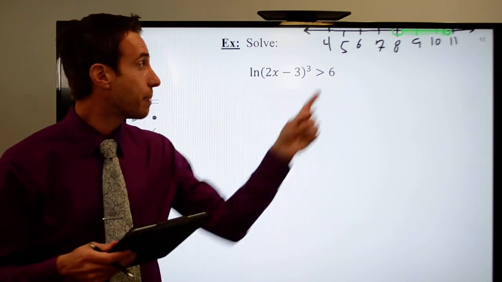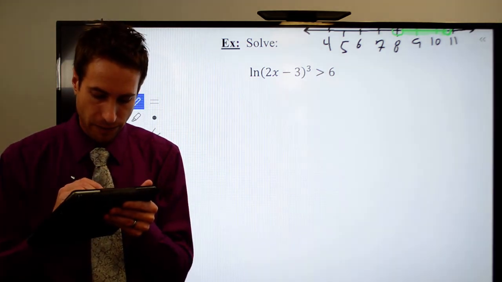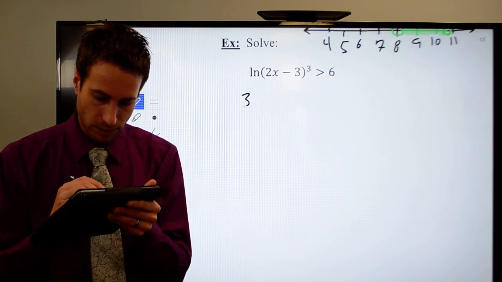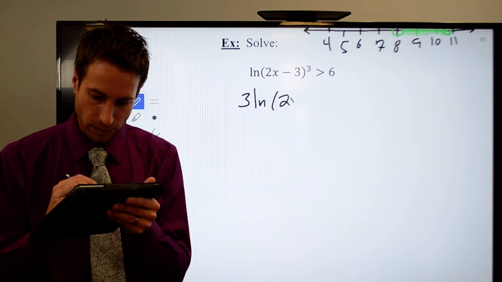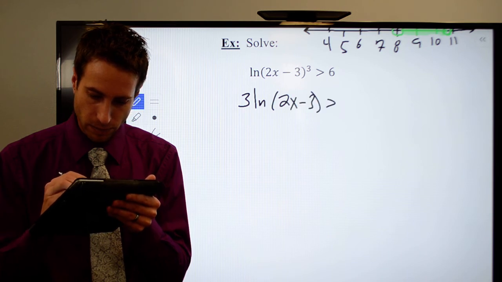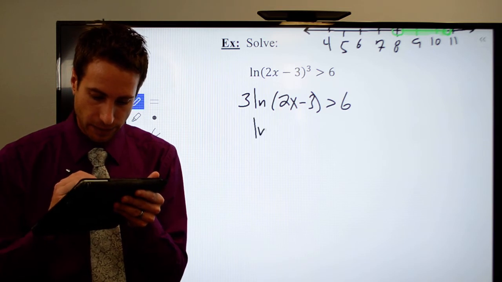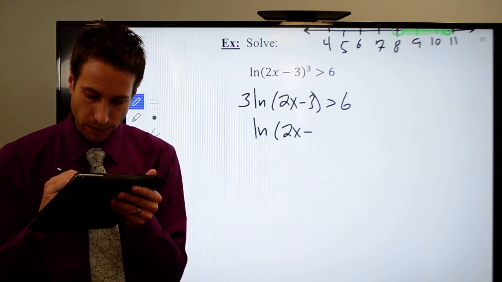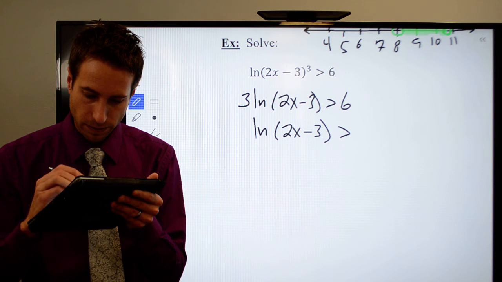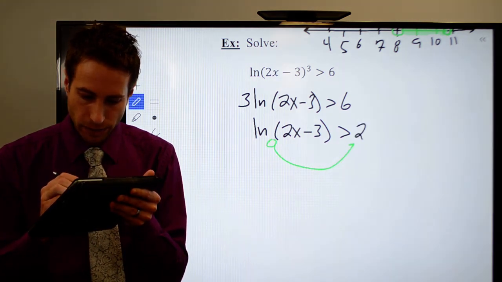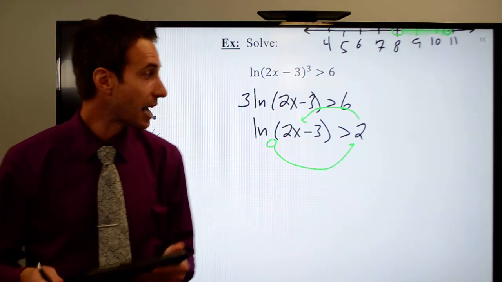I bring the 3 power property, bring the 3 down out front. Divide the 3 to the other side. Snail method allows me to rewrite it.